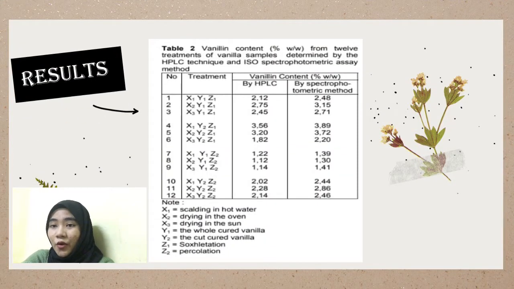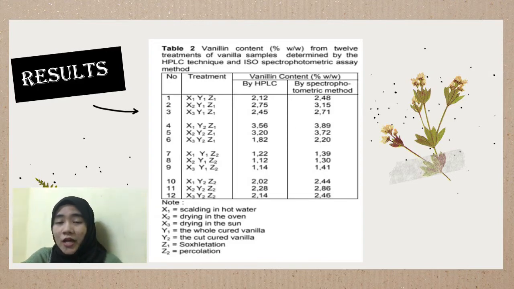My name is Nurul Nadira binti Muhammad Ali, and today I would like to present the results of vanillin content from the treatments of the vanilla samples determined by the HPLC technique and the spectrophotometric assay method. For the first treatment, we have X1, Y1 and Z1. The first data show the vanillin content by HPLC is 2.12%, and by spectrophotometry is 2.48%.